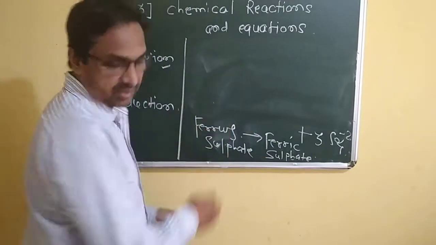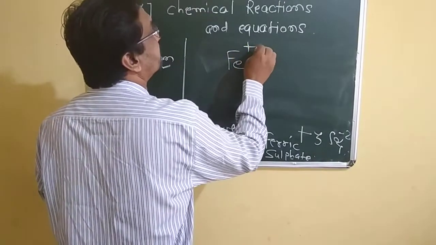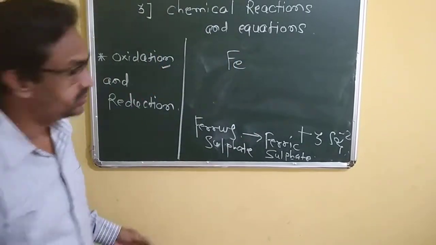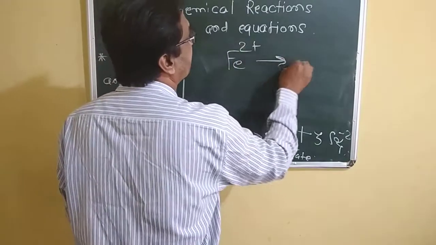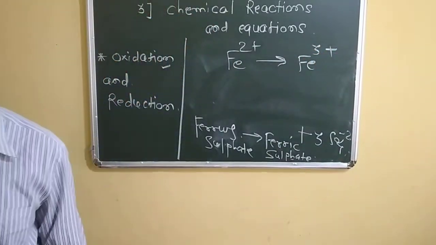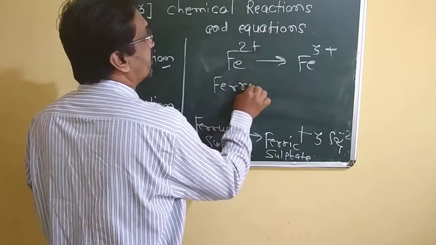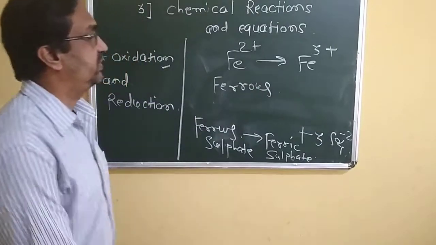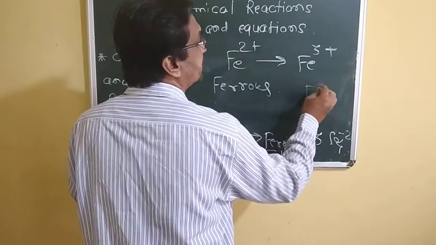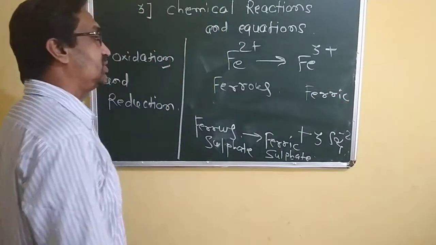And this conversion is given as Fe2+ converted into Fe3+. So it is ferrous to ferric. Conversion of ferrous to ferric.